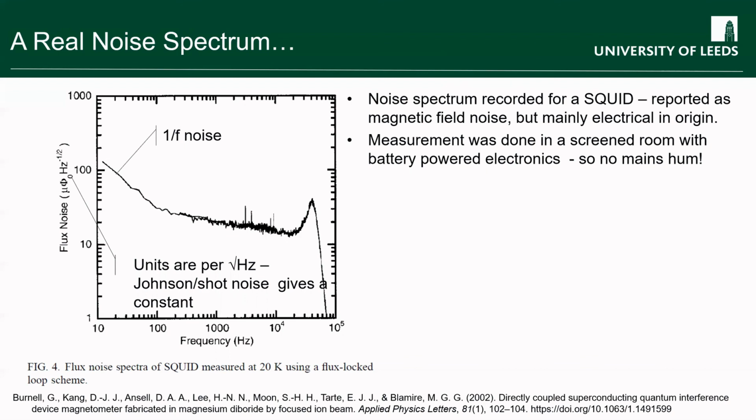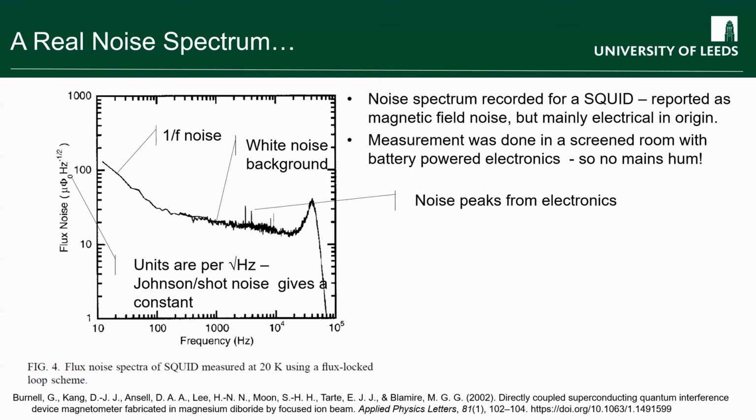This is plotted on a log-log plot, so it works out as a gradient of -1, and that carries on down to some level. Then at higher frequencies, the noise background becomes approximately level. That's the white noise background, the effect of Johnson noise and shot noise. It doesn't matter what frequency we're at, we still measure noise at a fixed level per root hertz of bandwidth.